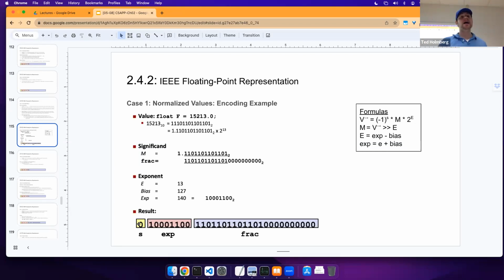And then finally, our sign bit. Since this is a positive value, it would be 0. So does this make sense about how we can convert our decimal numbers into a floating point encoding?